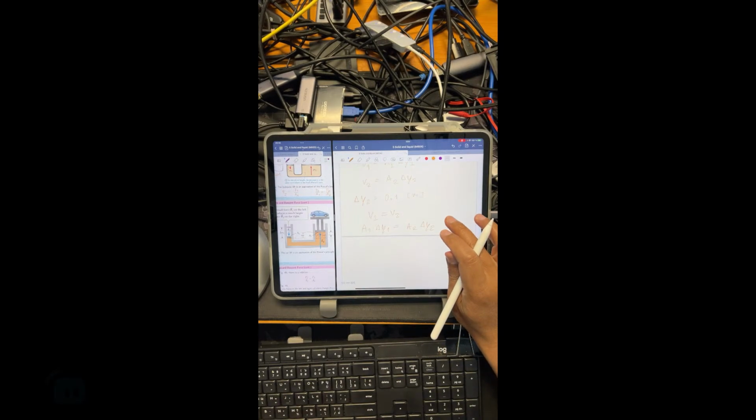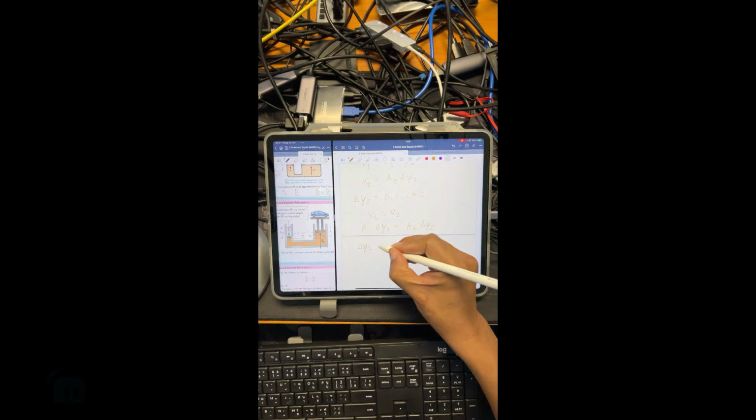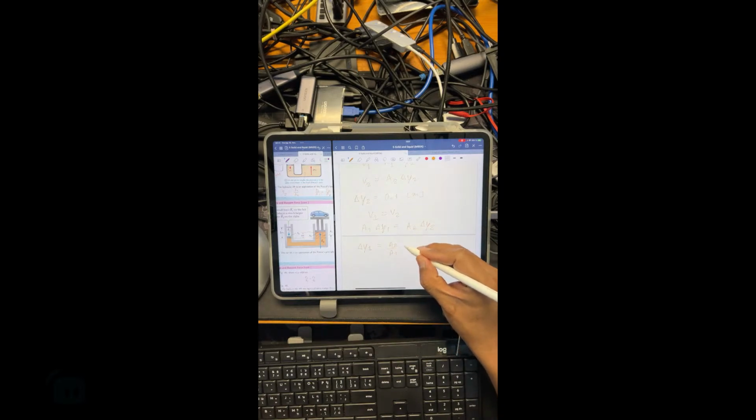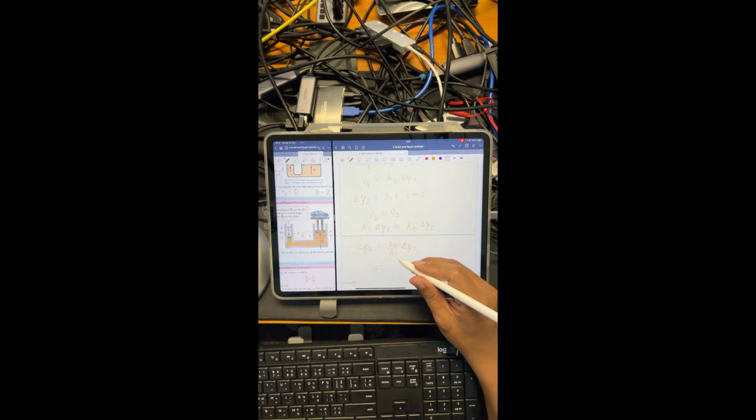What we want to know is delta Y1, right? We move A1 to the right hand side, and delta Y1 will be equal to A2 over A1 times delta Y2 on the right side. Of course, let's get into the detail.